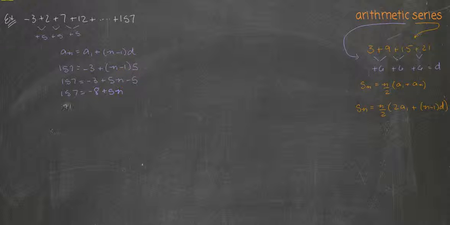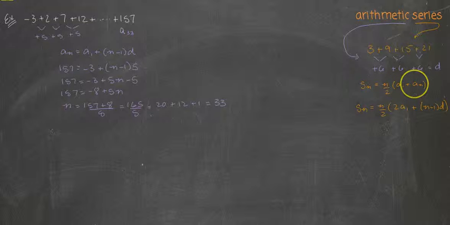And now I can solve for n. 157 plus 8 is 165. Divided by 5 is, so let's see, 100 divided by 5 is 20, 60 divided by 5 is 12, and 5 divided by 5 is 1. So 20, 32, 33. So I know that n is 33, so I know that this is the a sub 33, the 33rd term.